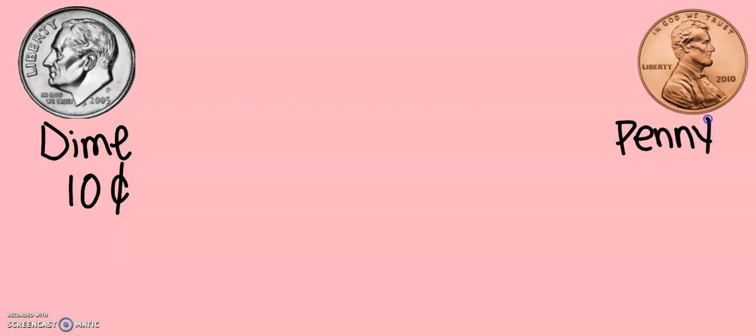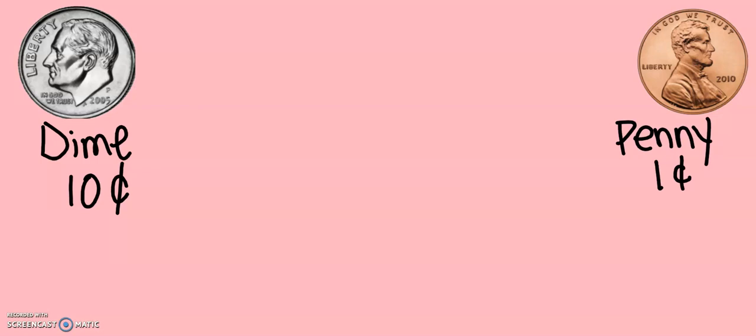You've probably seen many different pennies throughout your life, and a penny is only worth 1 cent. So I would need 10 pennies to equal 1 dime. In real coins, the dime is actually a little bit smaller than the penny, even though it is worth more.